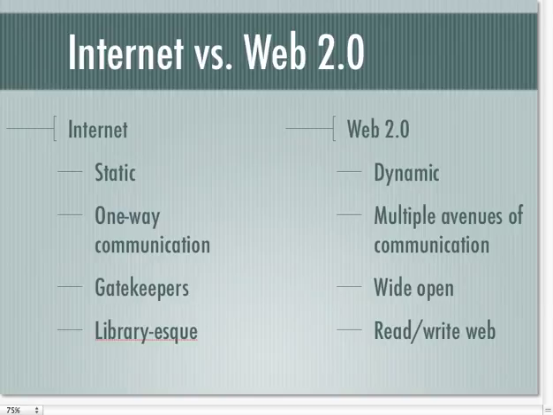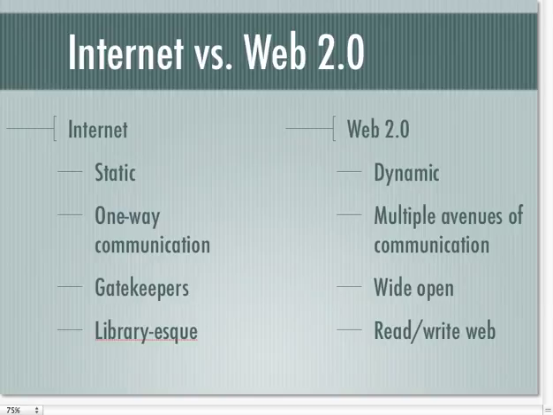Web 2.0 is compared and contrasted to the Internet as being dynamic. I'll slip down to my fourth point there, the read and write web. If you think about the Internet as simply the reading web, as a person using it, Web 2.0 is now dynamic. It is reading and writing.